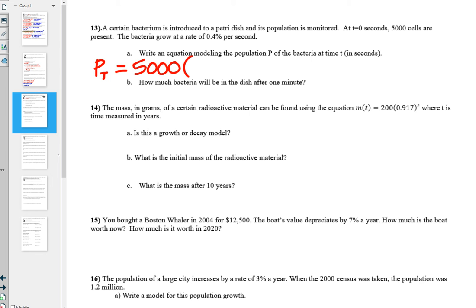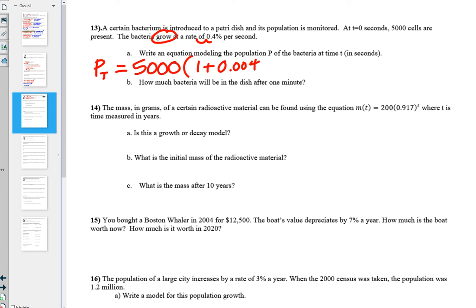Are we growing or decaying? It does use the word grow, so it's going to be 1 plus. But what am I going to add to 1? 0.004, not 0.4, 0.004. Anytime you get rid of a percent, you have to move the decimal 2 to the left.